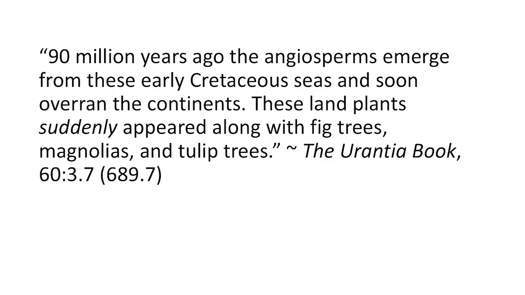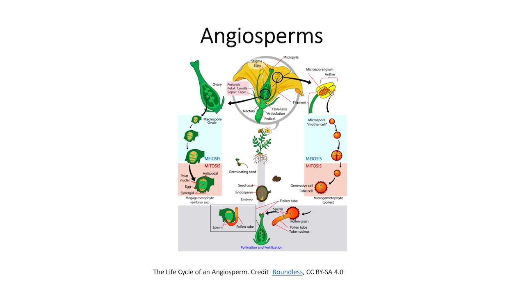The Urantia Book states, 90 million years ago, the angiosperms emerged from these early crustacean seas and soon overran the continents. These land plants suddenly appeared along with fig trees, magnolias, and tulip trees. Angiosperms are known to be the most highly developed and most advanced plants on Earth.